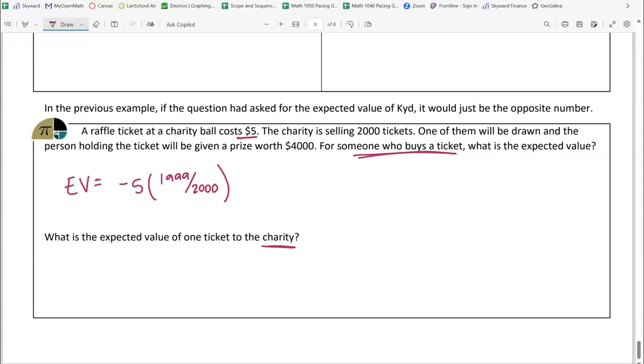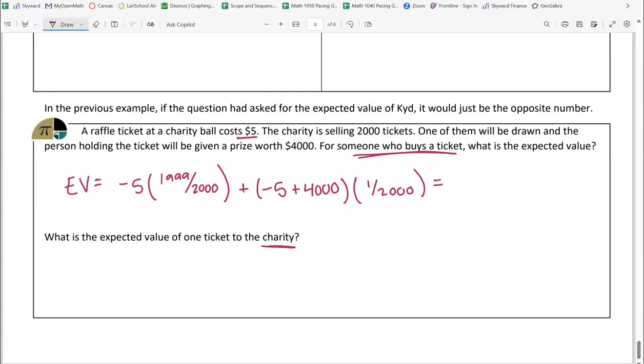Okay, and then the second outcome is that they do win. Okay, if they do win, they will have paid for the ticket, but then they're going to gain $4,000, right? This one doesn't say that they get the $5 back. And then the chances of them winning are 1 out of 2,000.